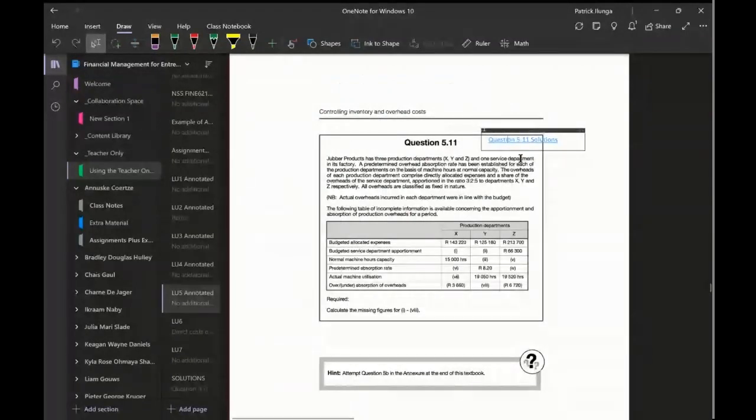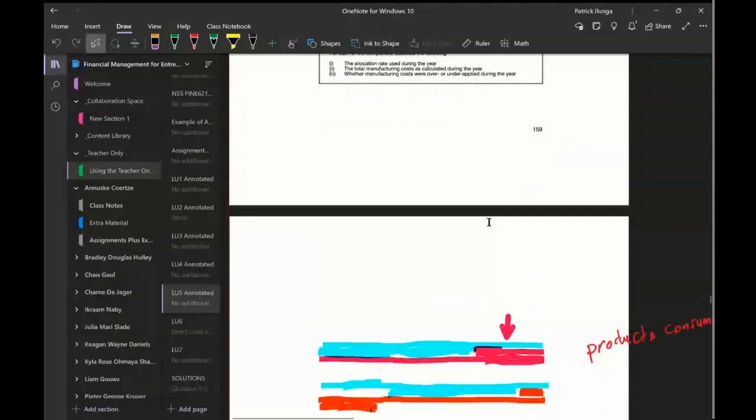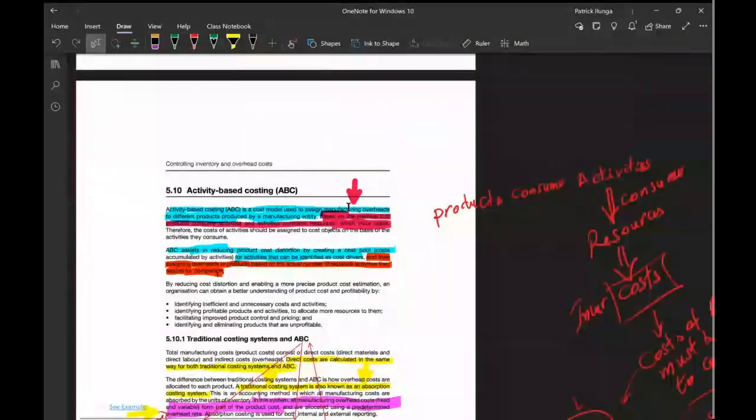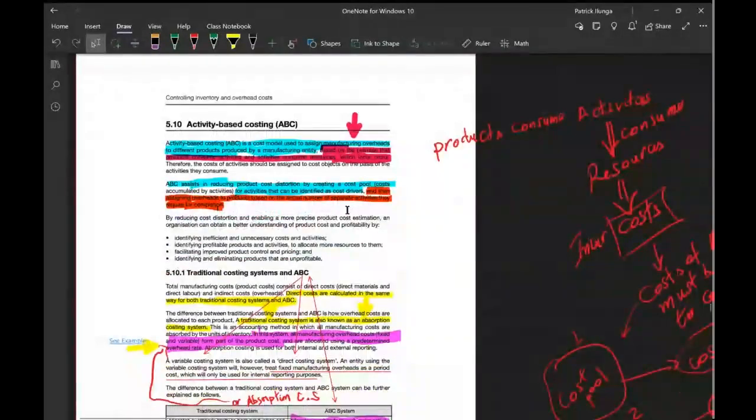Yes, so this is just a link. You look at the question instead of browsing, so I'm avoiding that some of you may be frustrated with scrolling, with moving from one page to another. Just put everything for you in one place. But this is the last concept, the traditional costing system and the ABC.